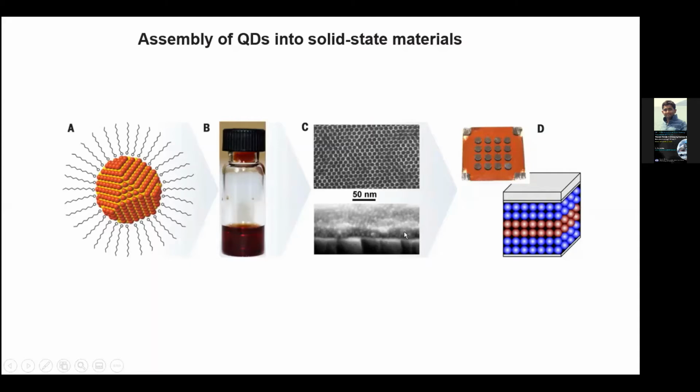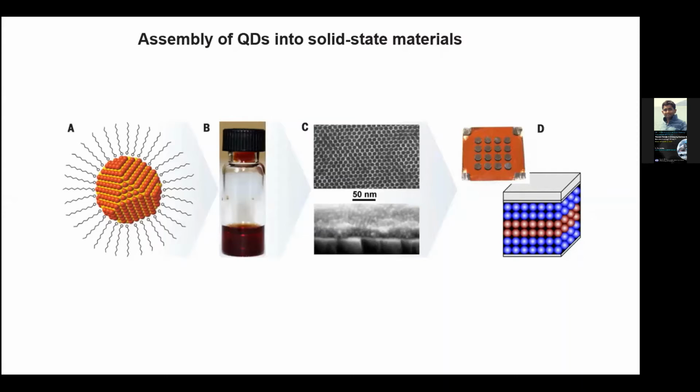These are the glossy films we get when we dip cast a high concentration solution, and the films look like this. It's an example of one of the photodetectors. So these are the basics of making a good film.